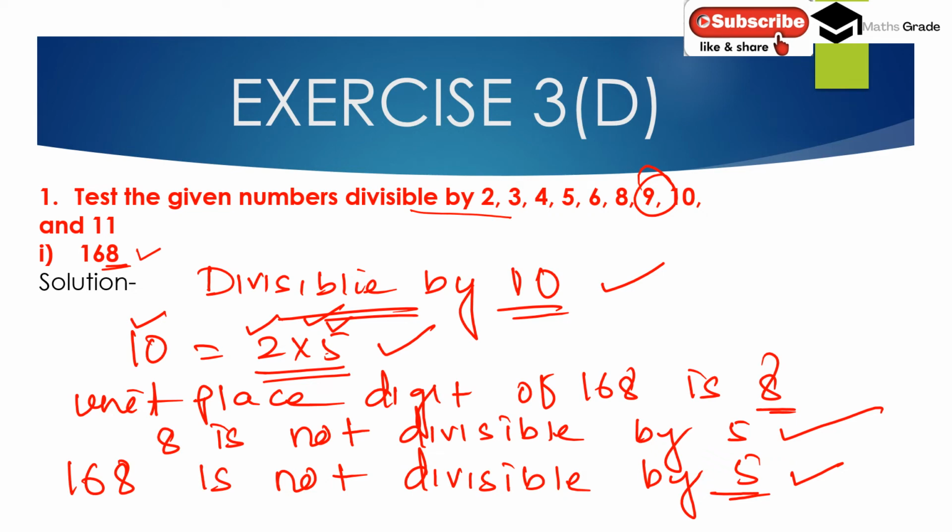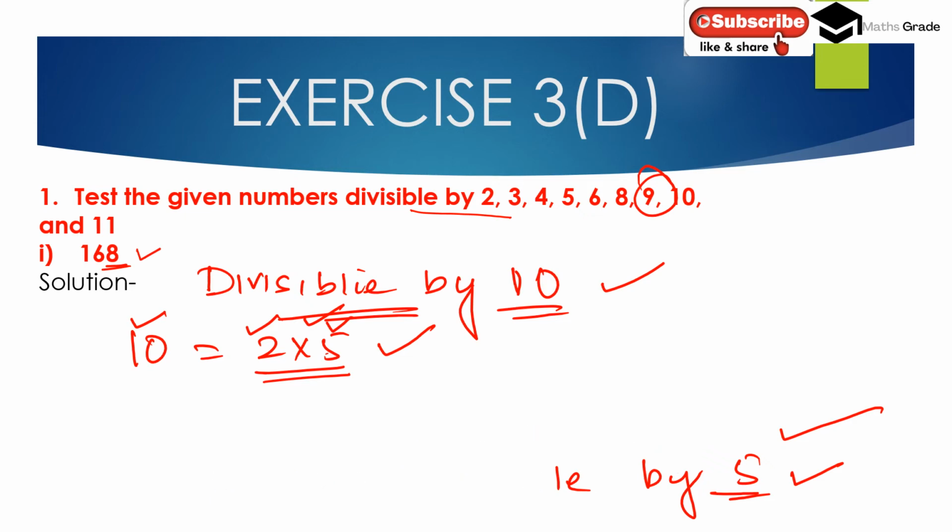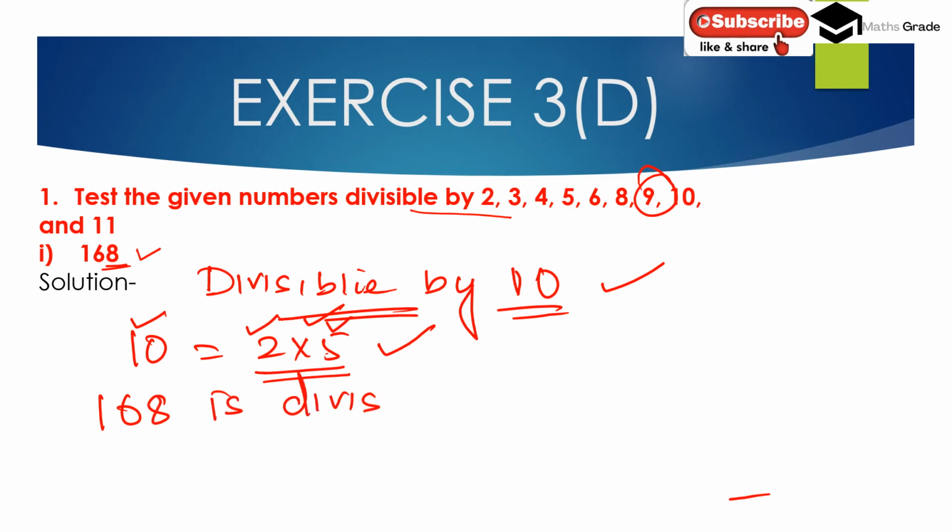So now this number 168 is divisible by 2, but 168 is not divisible by 5. So this number is not divisible by 10, because if the number is divisible by both 2 and 5, then the number is divisible by 10. But here 168 is divisible by 2, but it is not divisible by 5.